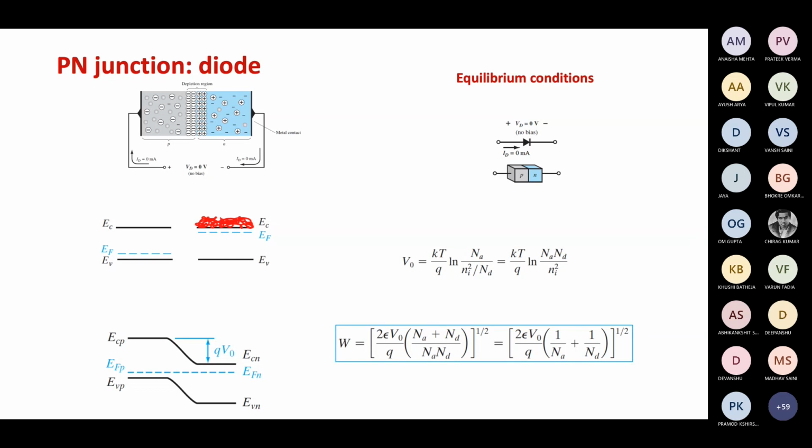As we dope the semiconductor with arsenic or antimony, they create more electrons in the system because there are 5 electrons. 1 electron is free from the bond and free to move around. So they create a lot of electrons in the conduction band, and that's why the Fermi level is pulled towards the conduction band.